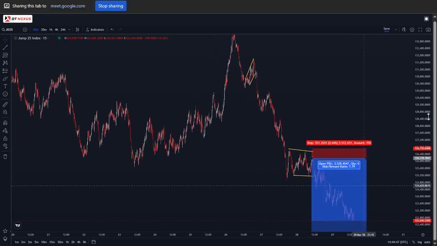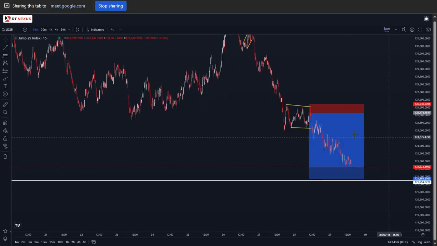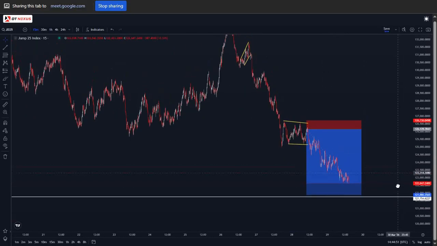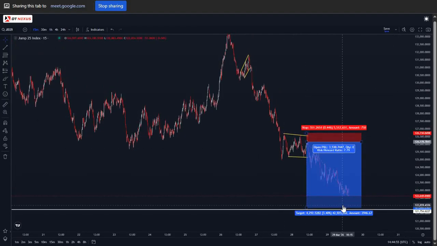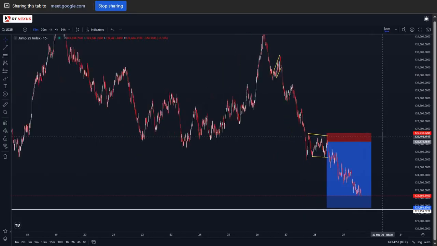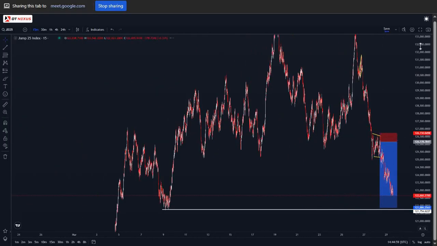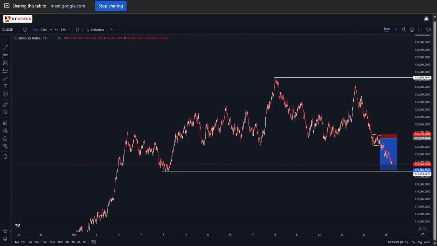Some people might see it and say, oh, this will push back up. Meanwhile, we know the market is breathing for the next position, a continuation to the downside. So not wasting any more of your time, guys. That's what I was trying to implement.